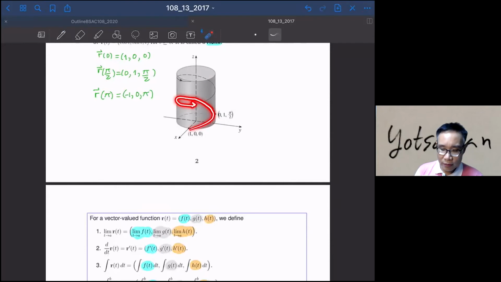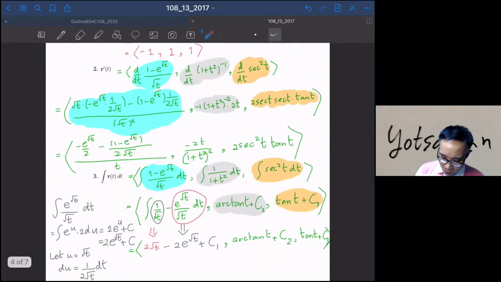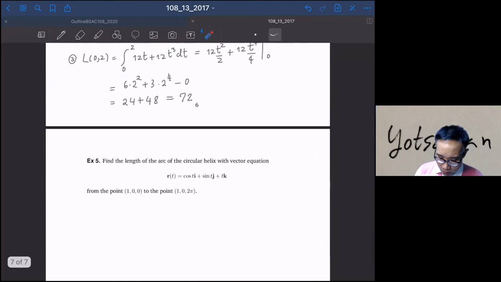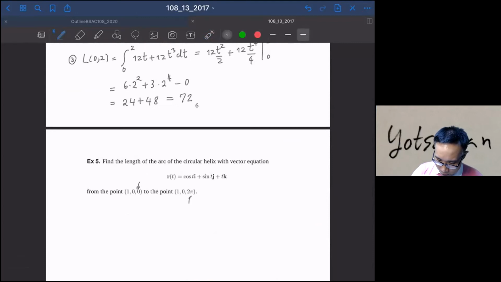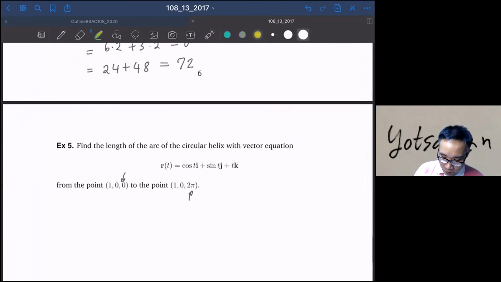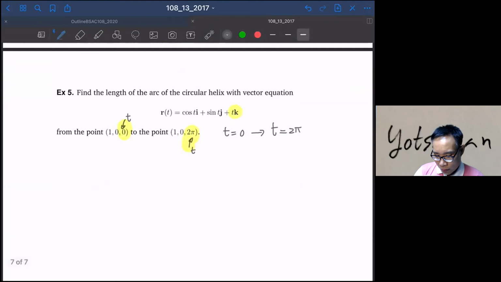walking in this helix. So in this case, you see that you're going to begin at t. The final component turns out to be your t, so you see that you have tk, and this guy is going to tell you t and t, so it means you have t equal to 0 to t equal to 2 pi, and you need to compute r prime t.